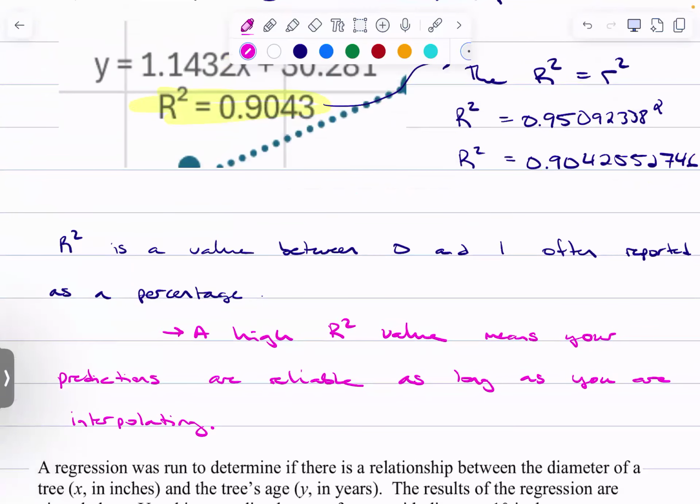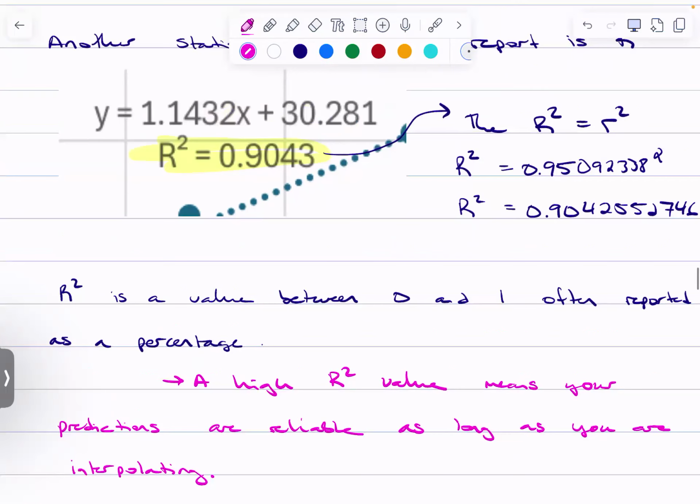So most of the time, in physics, chemistry, whatever, you'll just get the equation of the line and the r squared, and then with a high r squared, you're happy, right? And so a lot of the time you'll talk about the R squared. An R squared of 0.9043 is high. And it's tough because there's not really a guideline.